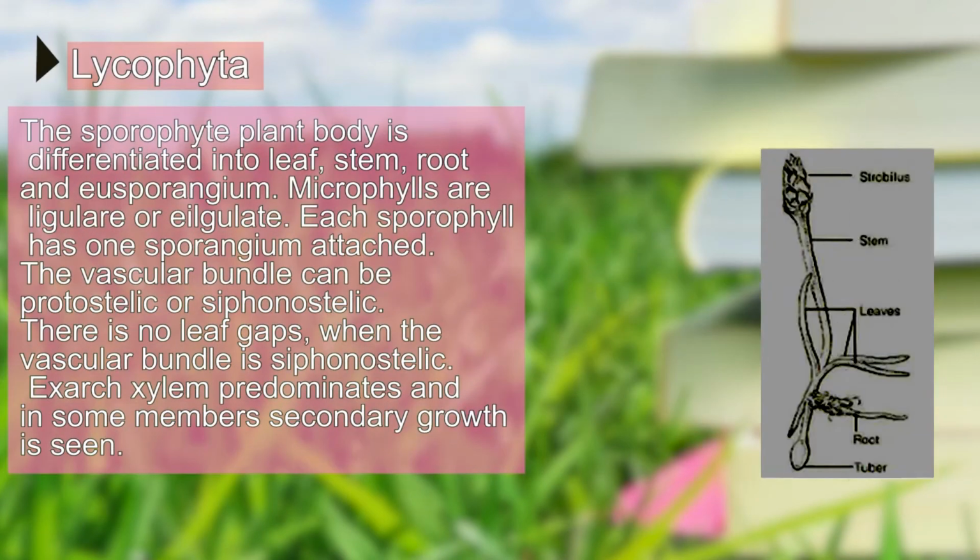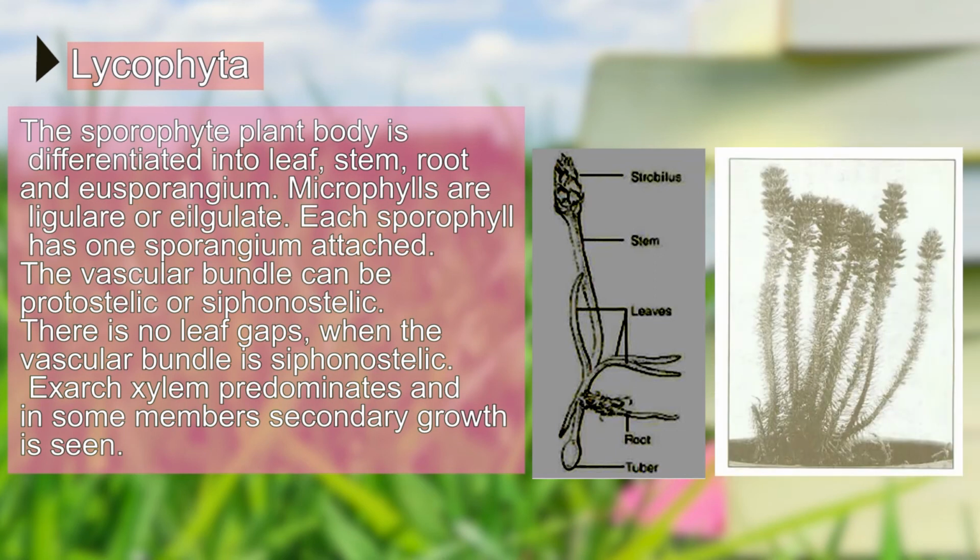Coming to Lycophyta, the sporophytic plant body is now differentiated into leaf, stem, root and sporangium, which is eusporangiate. The microphylls that are present can be ligulate, that is a ligule may be present, or eligulate. Each sporophyll has one sporangium attached to it. The vascular bundle can be protostelic or siphonostelic and there is no leaf gap. Exarch xylem predominates. So here is the picture. You can see the stem, leaves and root present in this particular group.